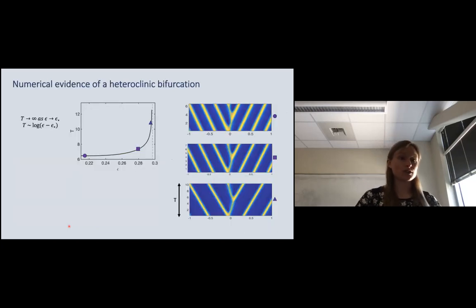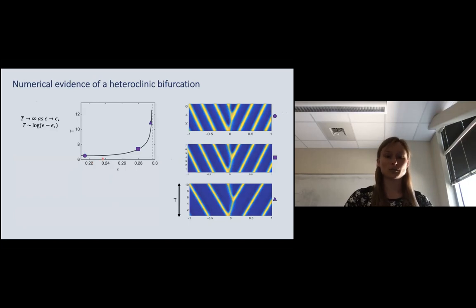One of the first things we did is give some more numerical evidence that this bifurcation structure is correct and that there's actually a heteroclinic bifurcation going on here. We computed those 1D spirals as I previously described, and then continued them in the parameter epsilon.